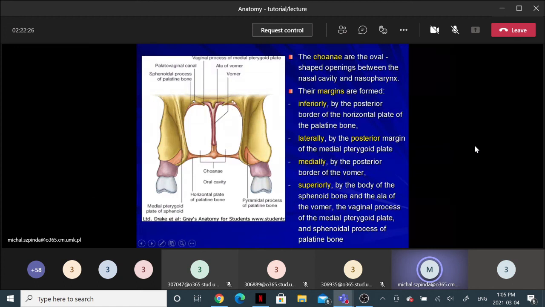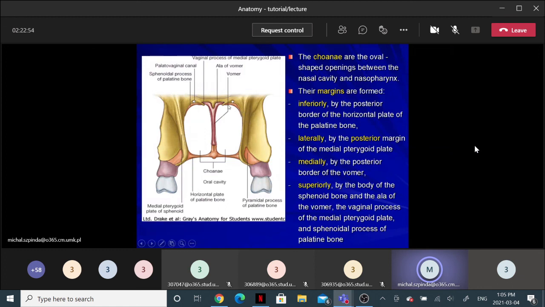Its superior surface is applied to the sphenoid's body, its underside, and the lateral surface, which is invisible here because it's overlapped by the pterygoid process, contributes to the medial wall of the pterygopalatine fossa.